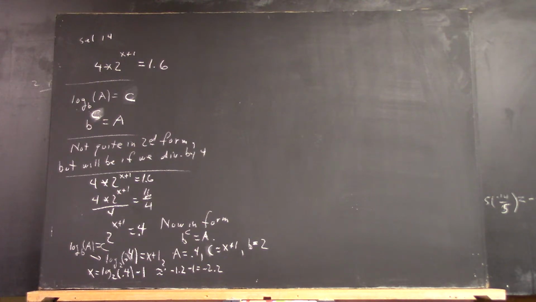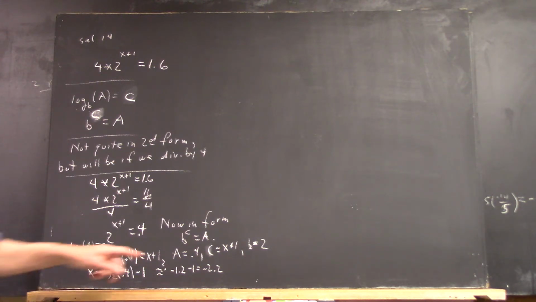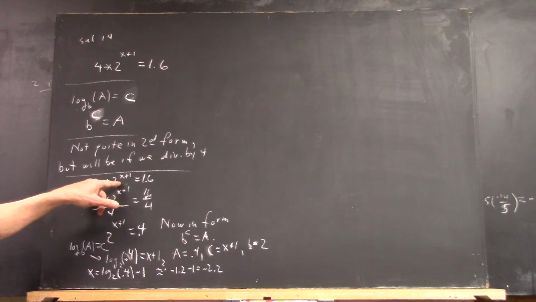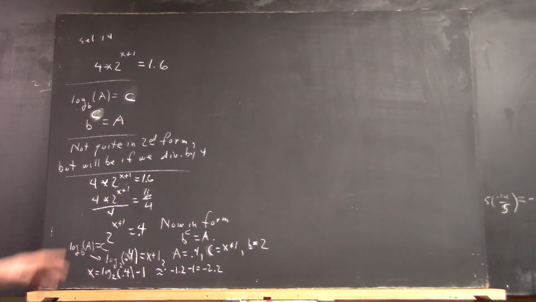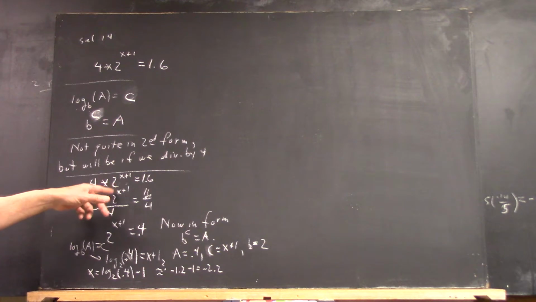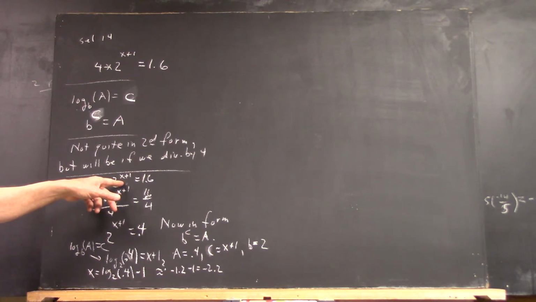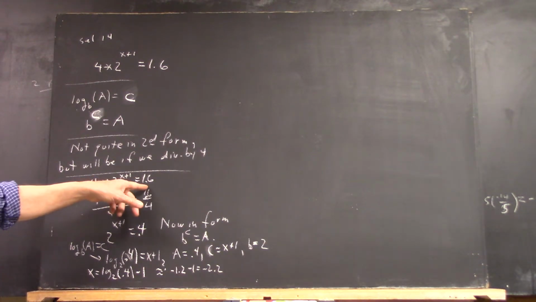And I'm sorry, x is negative 2.2. X plus 1 would be negative 1.2, right? That's better because I was getting a little worried. Okay? So, 4 times 2 to the negative 1.2, and 1.6 isn't too far off.